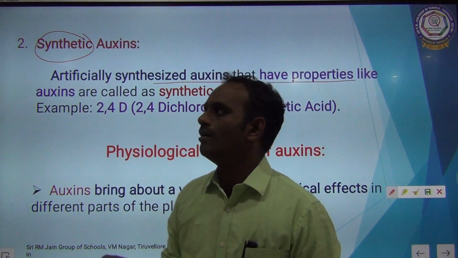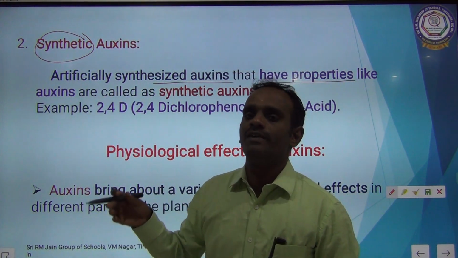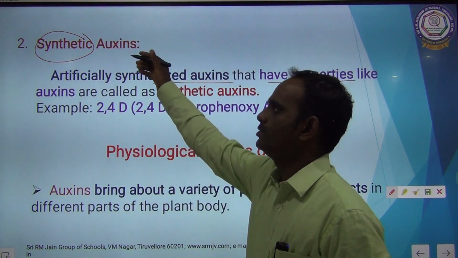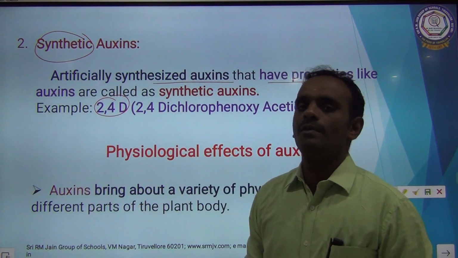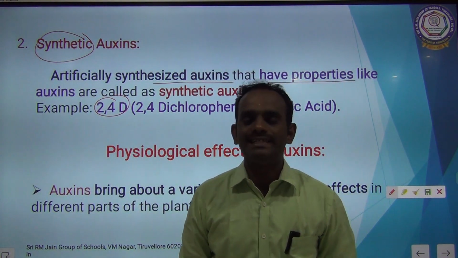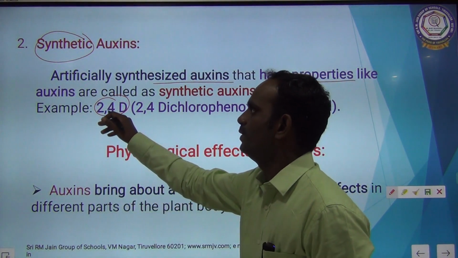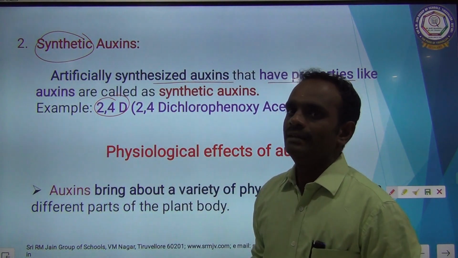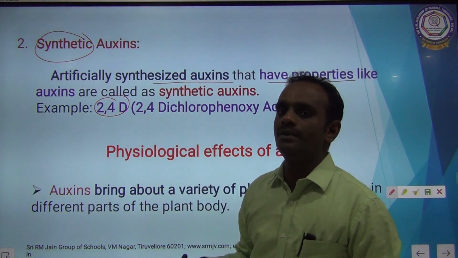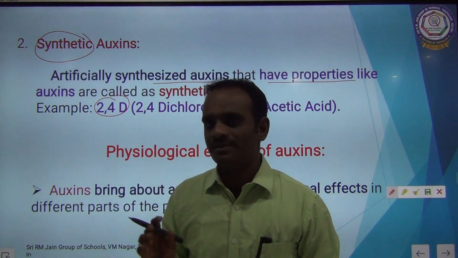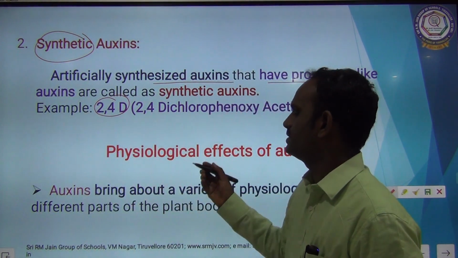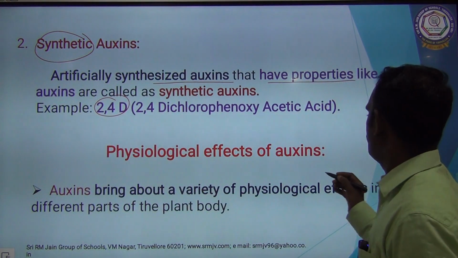Artificially synthesized auxins have the property of natural auxins, so they are said to be synthetic auxins. Example, 2,4-D, 2,4 dichlorophenoxyacetic acid. It is a good example for synthetic auxin. These auxins are artificially prepared in the laboratory and have the property of natural auxin. Clear, children?